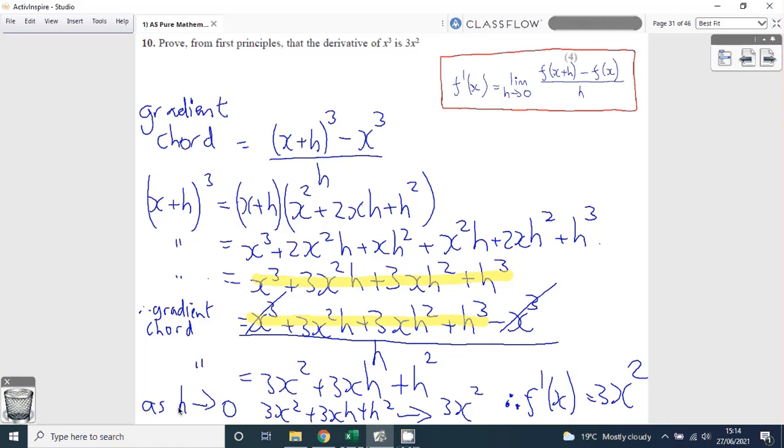So write down as h approaches 0, our second and third terms will start approaching 0. So overall, as h approaches 0, we're approaching 3x squared. So you've got to write down as h approaches 0, 3x squared plus 3xh plus h squared is approaching 3x squared, and therefore the differential of x cubed is 3x squared.